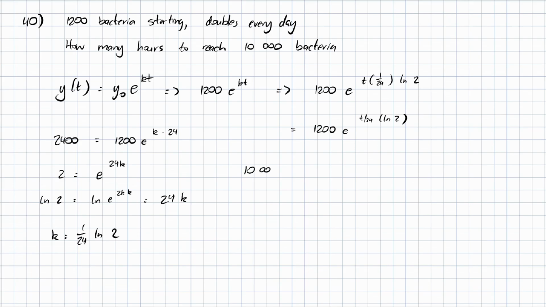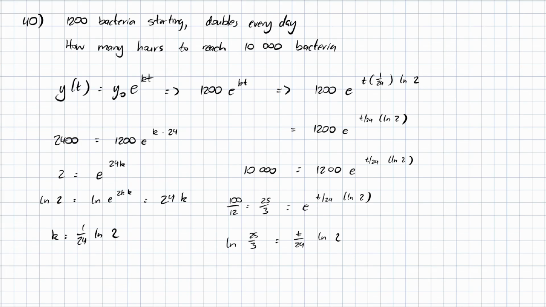So 10,000 equals 1,200 e^(t/24 natural log 2). We have 100 over 12 equals 25 over 3 equals e to that. Okay, so natural log 25 over 3 equals t over 24 natural log 2.